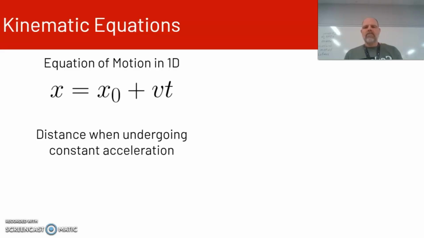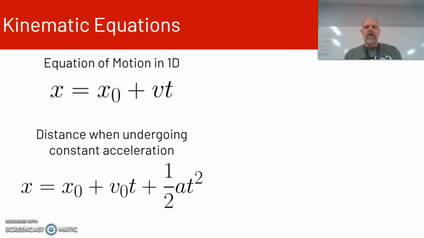Again, this is motion at a constant speed, so the velocity is constant the entire time. When we have distance undergoing constant acceleration, this equation gives us the change in position over time. So x is the final position, x naught is the initial position, v naught is the initial velocity, t is time, and a is the acceleration, and the time is squared.